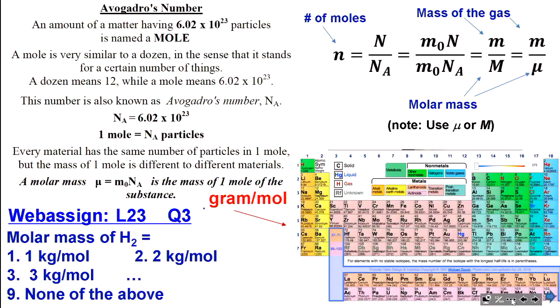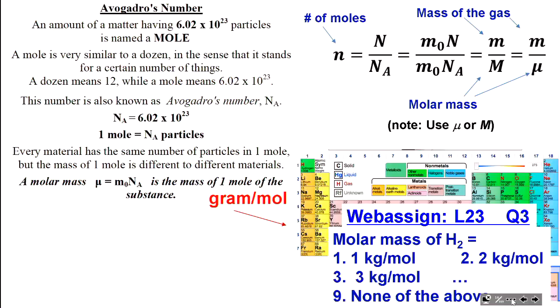Now, this is a hint. If you didn't use the hint, that's why you chose 1 or 2. If you chose 1, you thought of atomic hydrogen, which happens at very high temperatures. But a molecular hydrogen, H2, has 2 atoms.